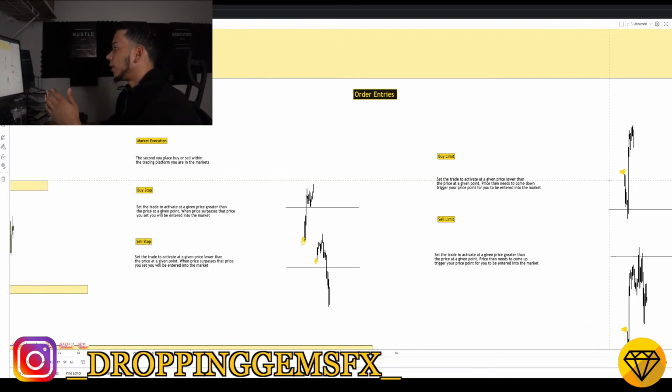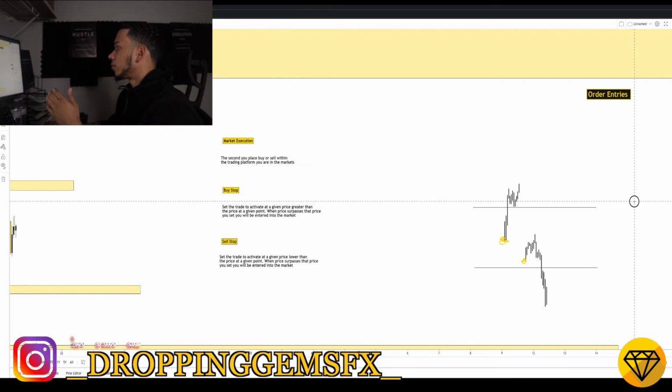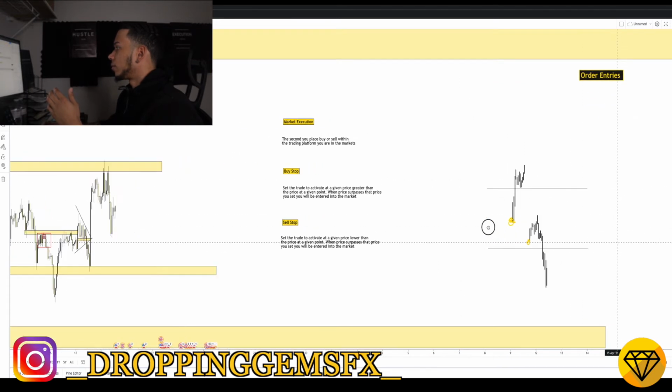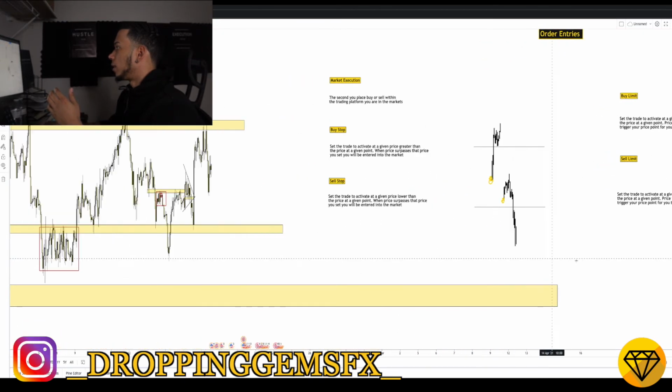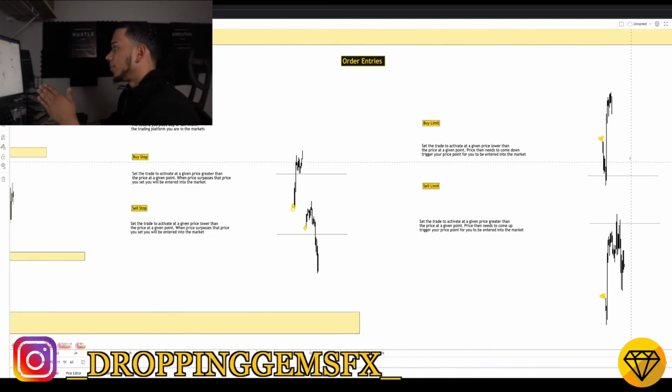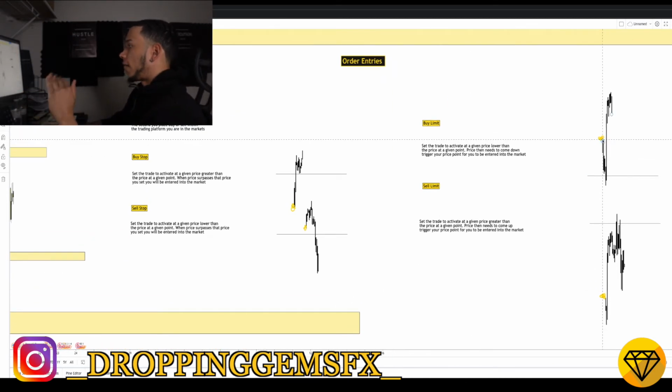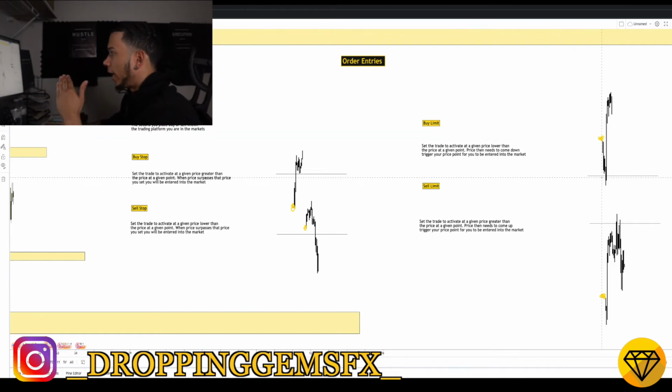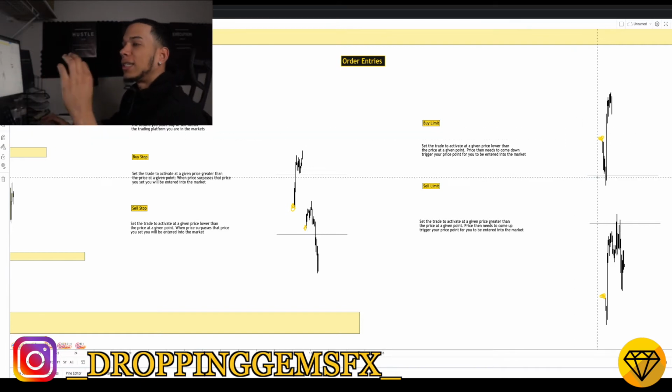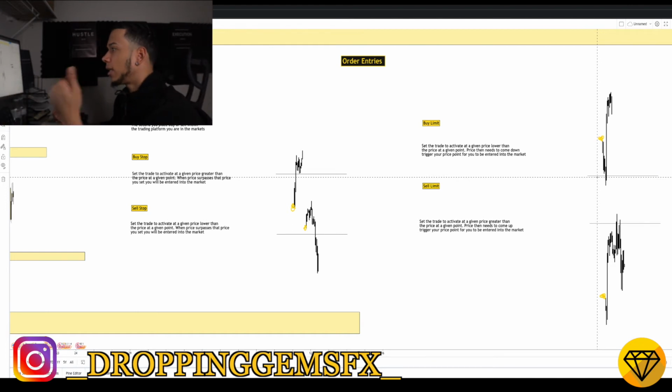Okay, so price is here. TradingView is acting up. Price is here, right, at 1.4 flat, okay? We're going to set our buy limit down here, whether it be to come and retest an area of consolidation, support, whatever the case may be, a breakout.